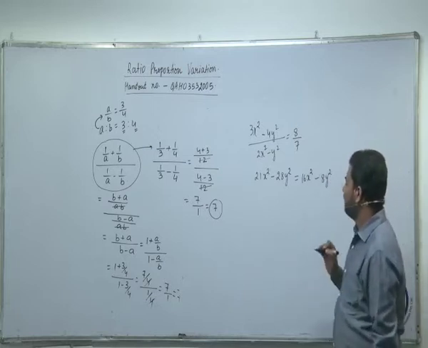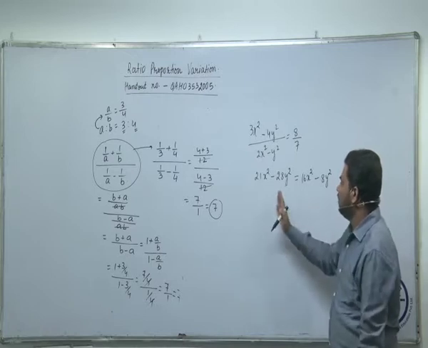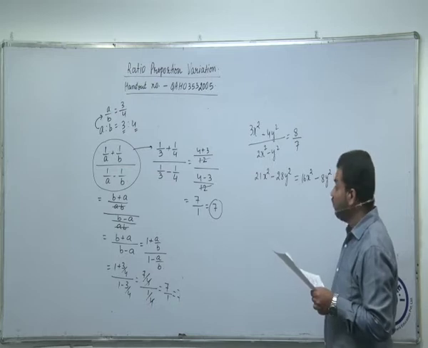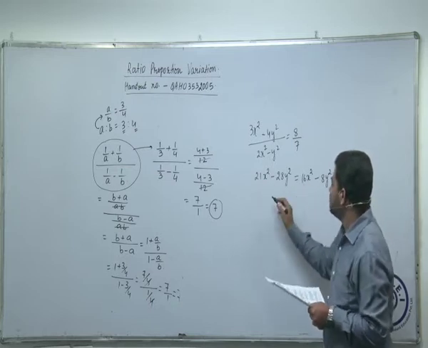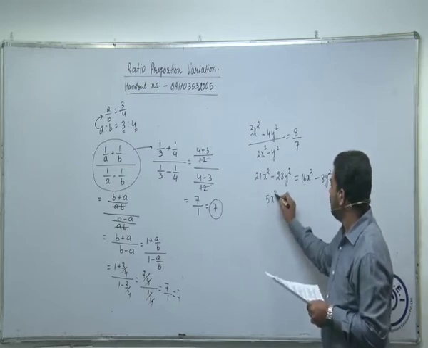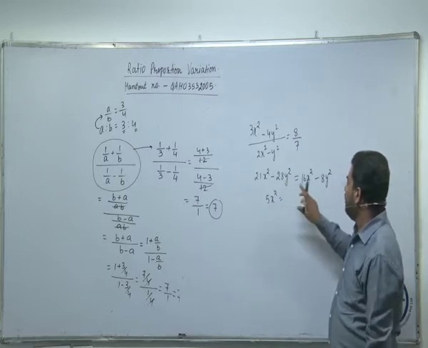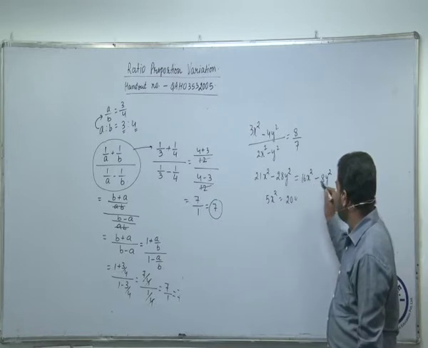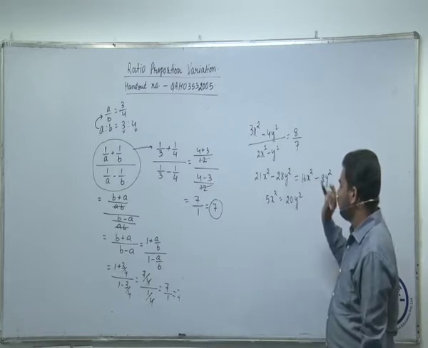Okay. So let's take the terms containing x square on the same side. Okay. So what are we going to get here? 21 minus 16 is 5x square, right? And 28y square minus 8y square is 20y square.